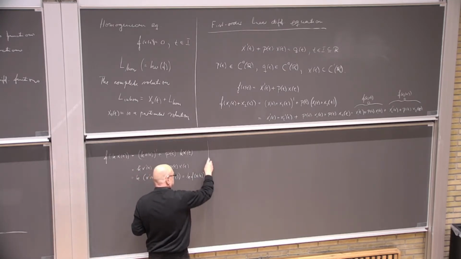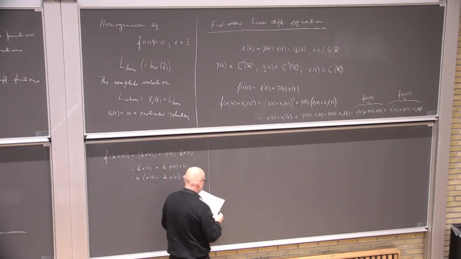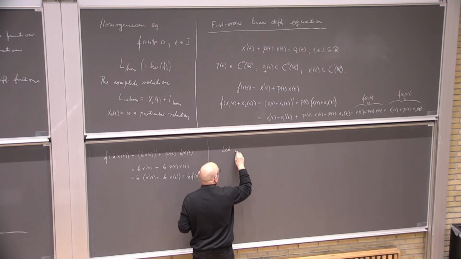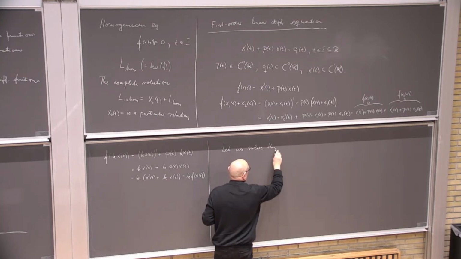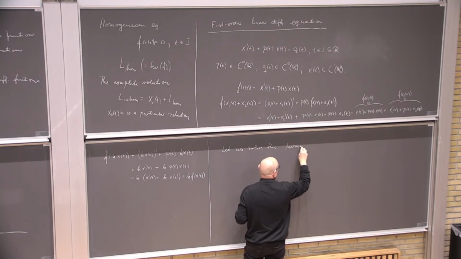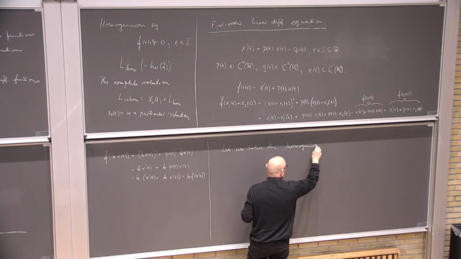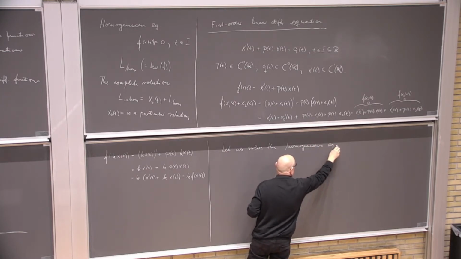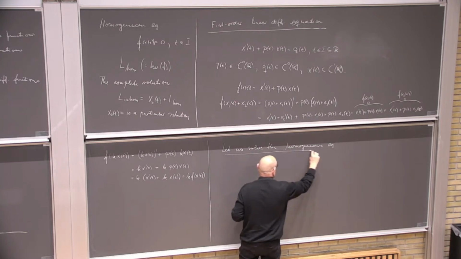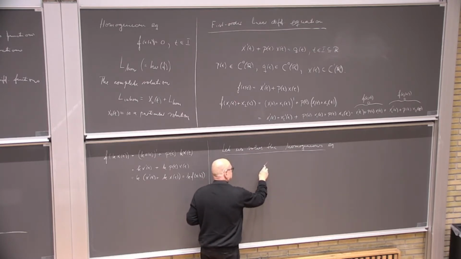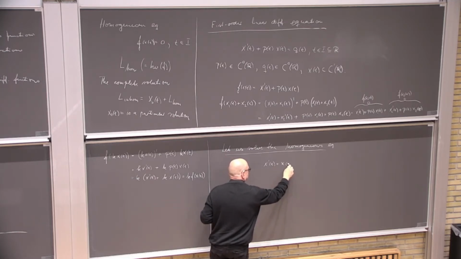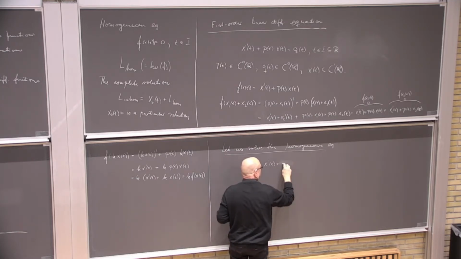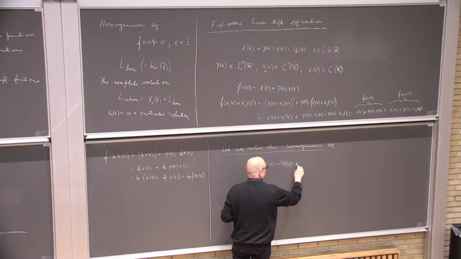So let me start by solving the homogeneous equation. And this reads x prime of t plus p of t times x of t equal to 0.